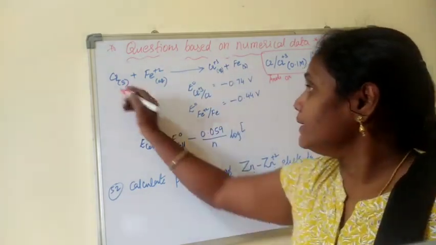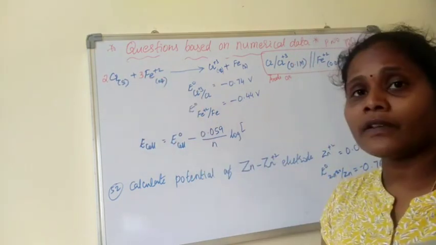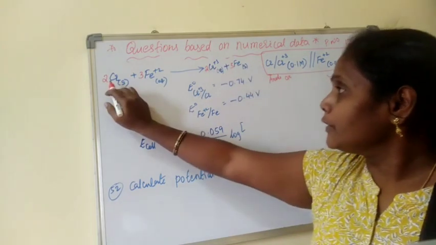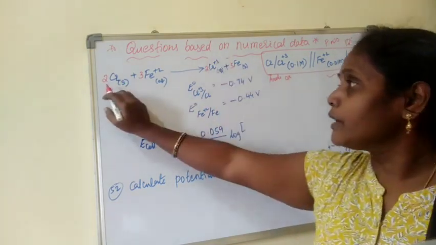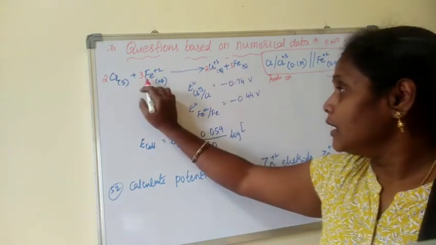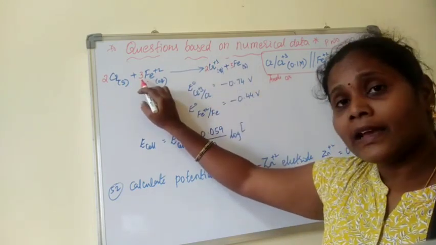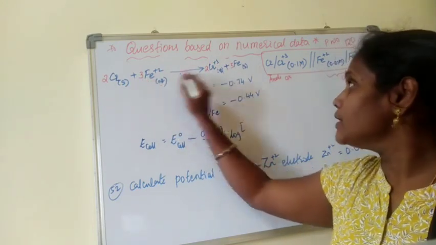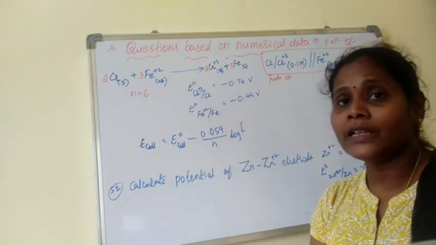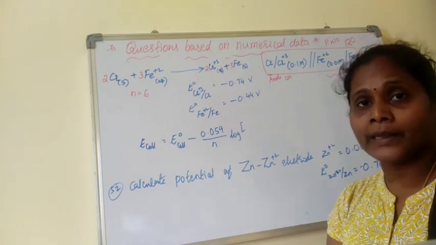So I need 2 moles of chromium and 3 moles of iron to balance. One chromium gives 3 electrons, therefore 2 chromiums give 6 electrons. One iron takes 2 electrons, therefore 3 irons take 6 electrons. So my n will be 6. On the whole, 6 electrons are involved in this reaction, which is not given by him, right?